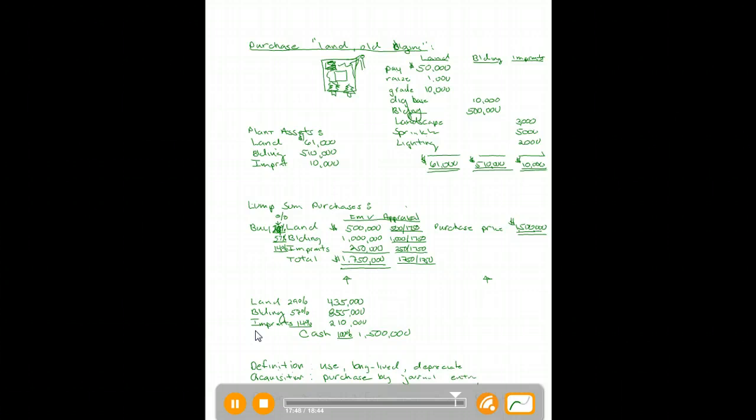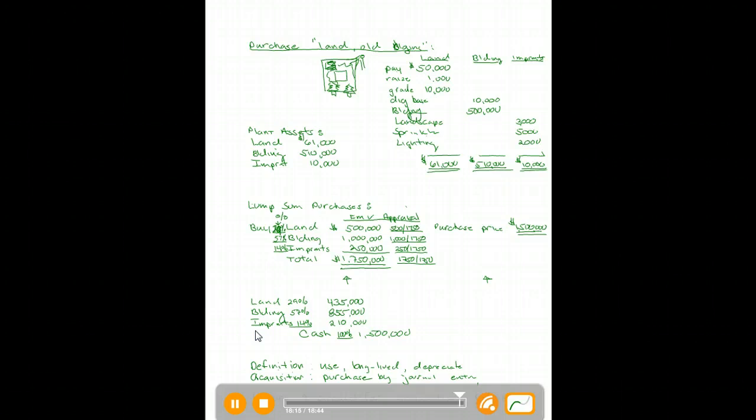We have looked at the idea of capitalizing all costs associated with something to get it ready for its intended use. We've looked at the idea of spending a lot of money on several things at once, like building a building on some land we've purchased and making improvements. And then we finished up by looking at lump sum purchase methods, also sometimes called a basket purchase.